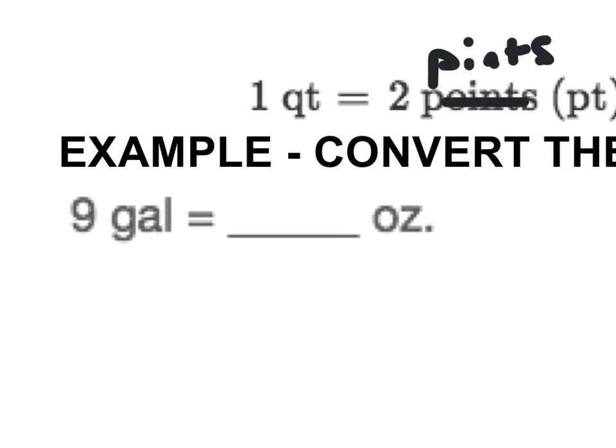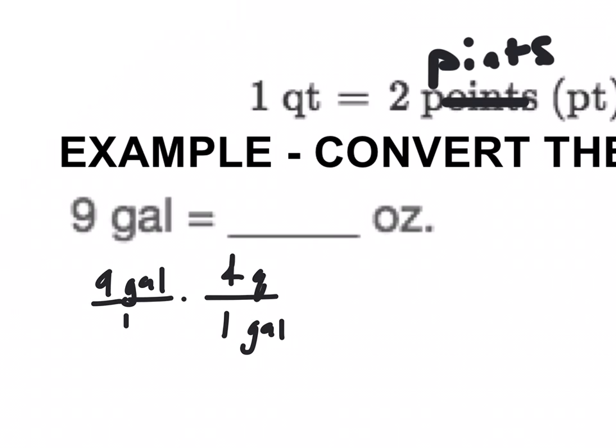So what I want to do is this. I'm going to do 9 gallons over 1, and I'm going to multiply that by 1 gallon is the same thing as 4 quarts. Now the other thing I know is that 1 quart is equal to 2 pints.